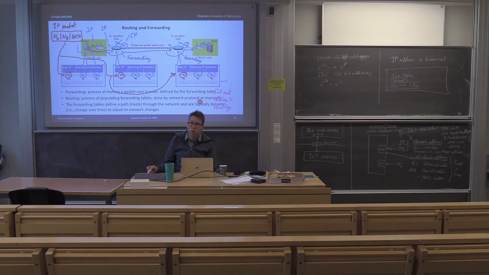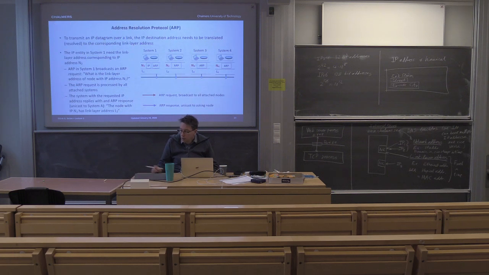You probably want to automate this, right? And the forwarding table defines a path or a route through the network, and these are typically dynamic, so they change over time. So every now and then one updates this because nodes come and go, links come and go, and so forth.